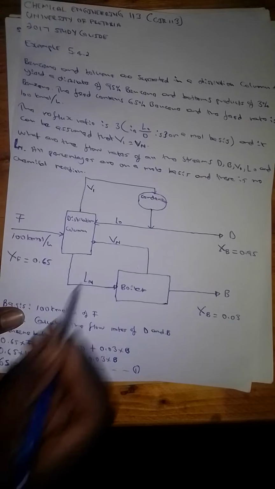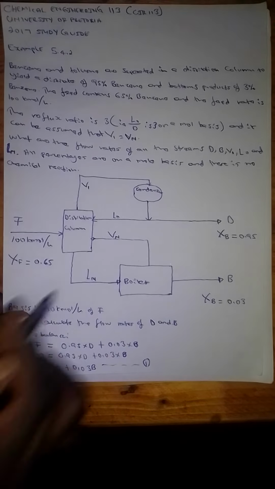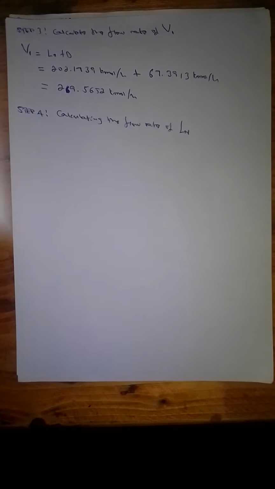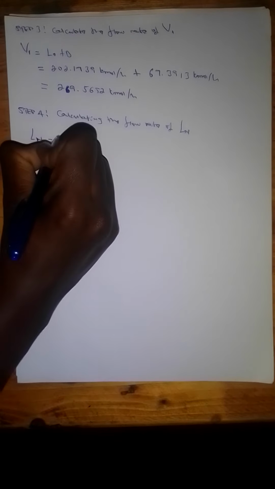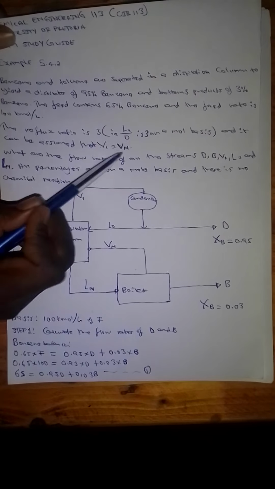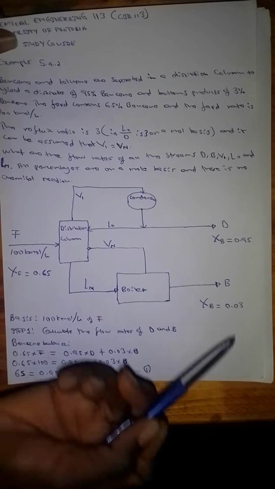Let me bring the diagram again. So now we're calculating the flow rate of LN. This is actually LN, and if you look at the diagram, especially the arrows, you'll realize that LN is equals to Vn plus B. So let me just write down that LN is equals to Vn plus B. But remember that we have already been told that we can assume that V1 equals to Vn, and V1 we've calculated it, and B we also calculated.